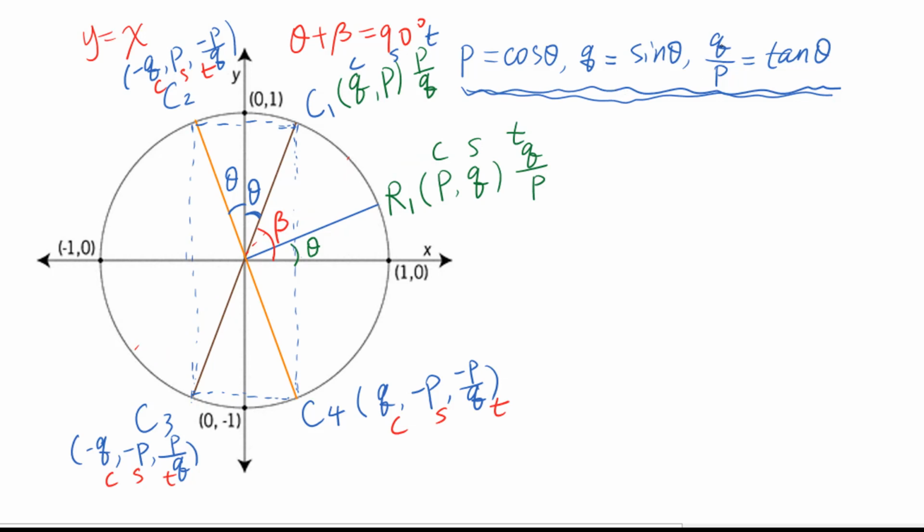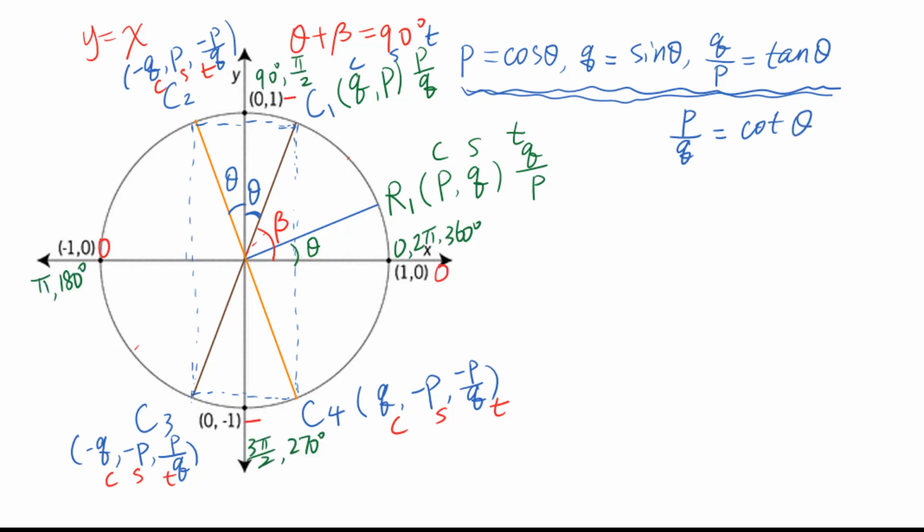And also we know Q over P equals tangent theta, then P over Q equals cotangent theta. Then we can label the angles for C1, C2, C3, and C4. For C1, we can label 90 degree minus theta, or pi over 2 minus theta.